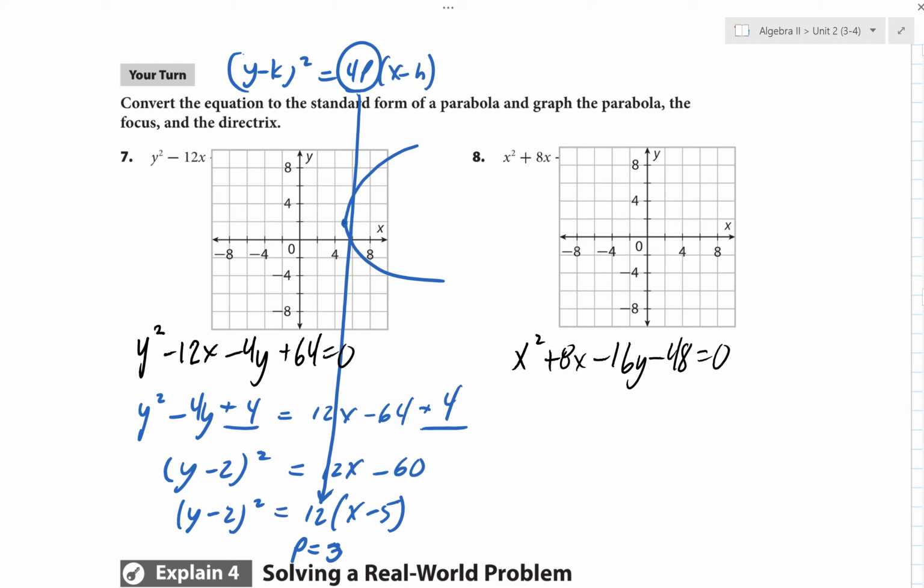P is 3, so if we go 3 units that way, that gives us our focus. Our focus would be at 8, 2. And if we move 3 units the other direction, we get our directrix, which would be at x equals 2.